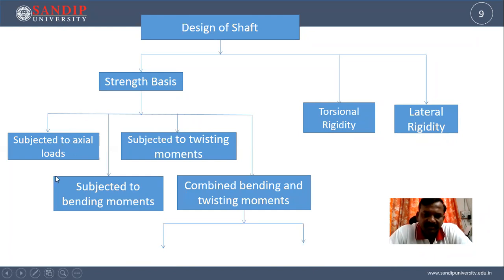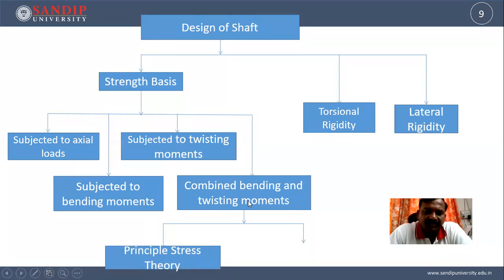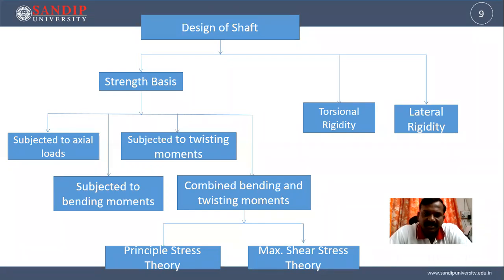When this type of criteria are there, then we will go for the design on the basis of strength. When combined bending and twisting is there, we will use two theories of failure for that. One is the principal stress theory and one is the maximum shear stress theory. So this is all regarding the design of the shaft.